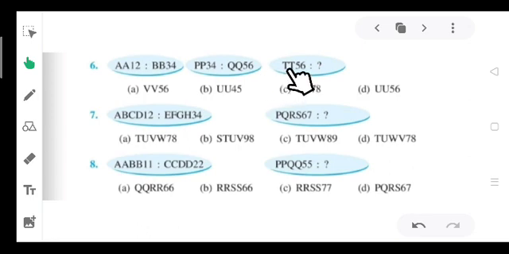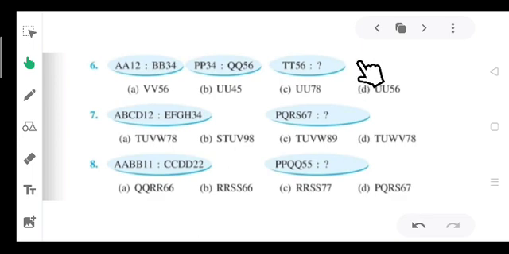Here T 5 6. So T, next letter U. 5 is the odd number, next odd number will be 7. 6 is an even number, next even number will be 8.